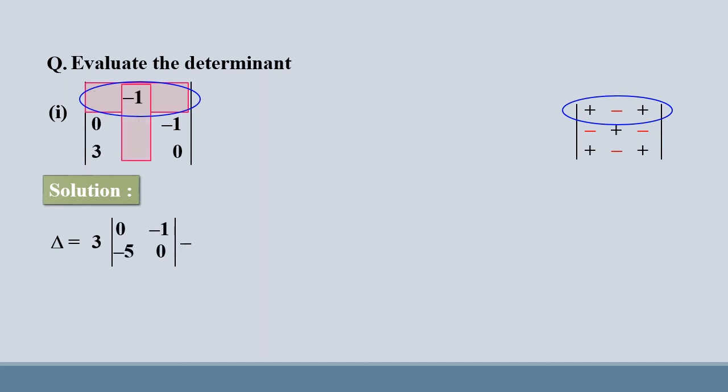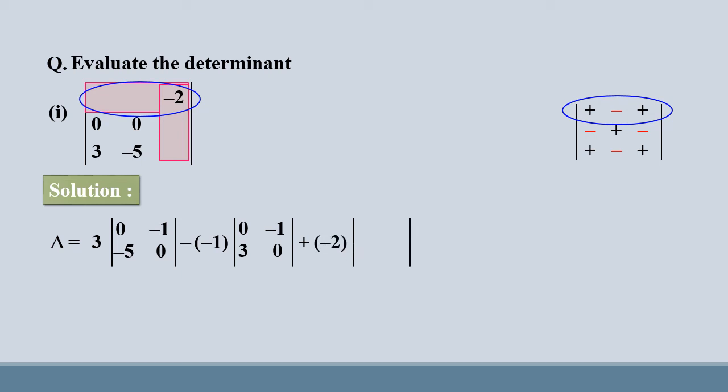Next, the negative sign along with minus 1, we get minus of minus 1 into the 2 cross 2 determinant 0, minus 1, 3, 0, plus minus 2 into the 2 cross 2 determinant 0, 0, 3, minus 5.